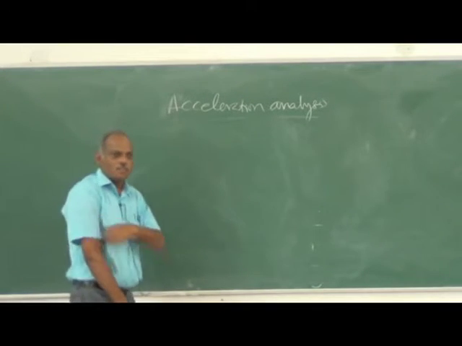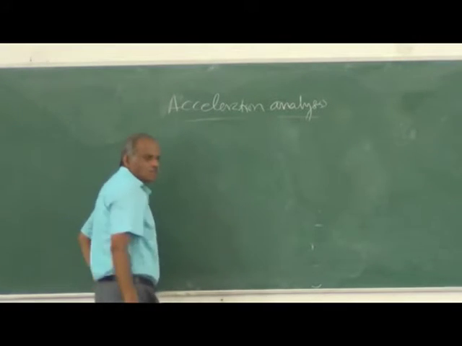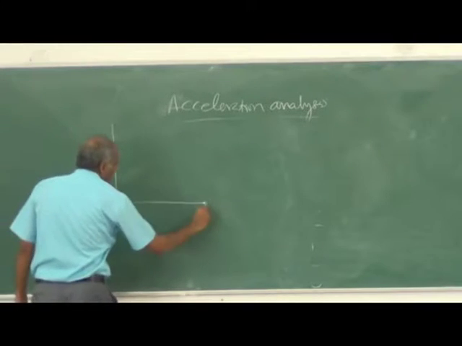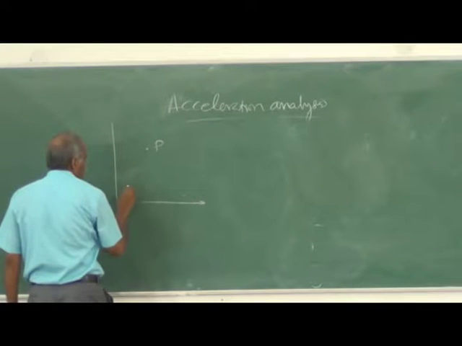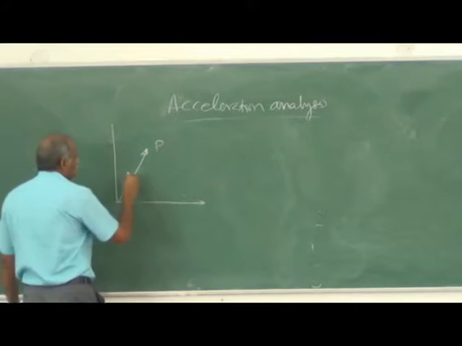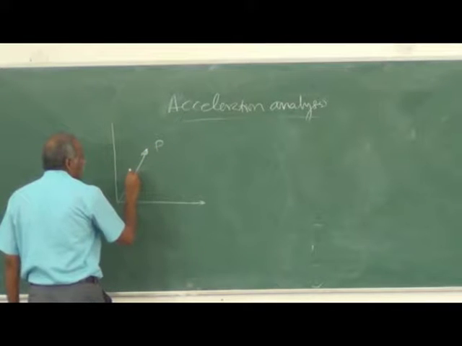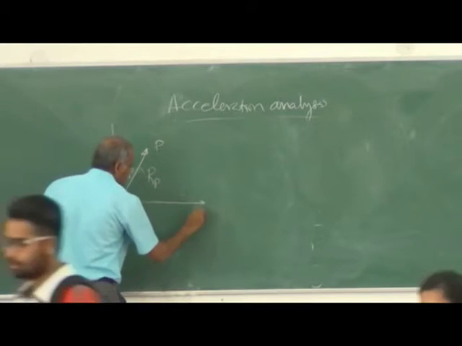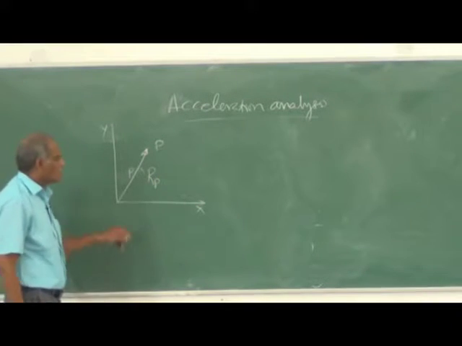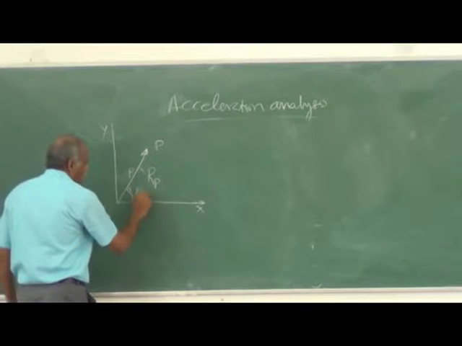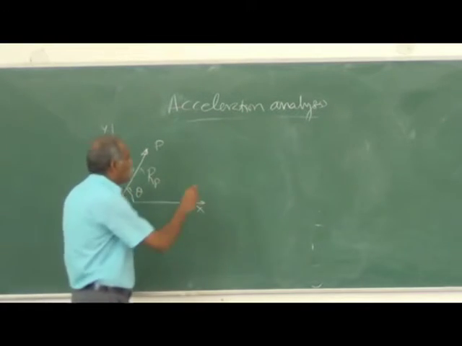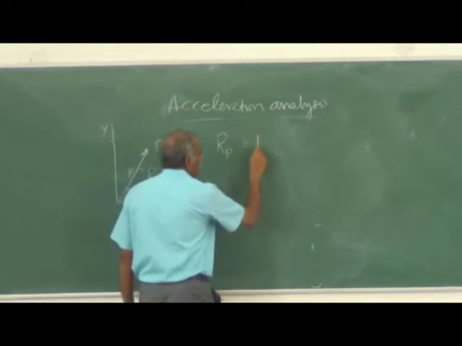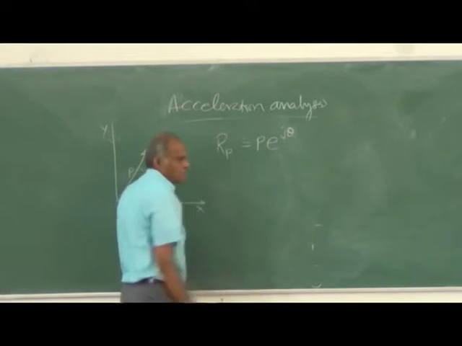So defining acceleration, acceleration is the rate of change of velocity. If I have a point P and its position is given by the vector RP, say this is at angle theta, then the position vector Rp of this point P is given by P e power j theta.